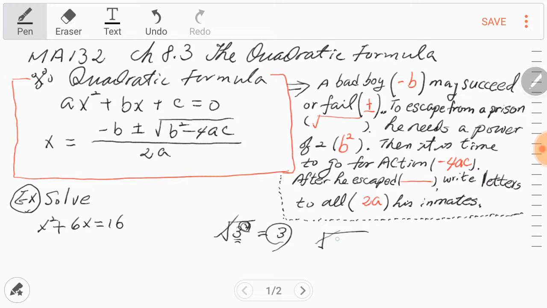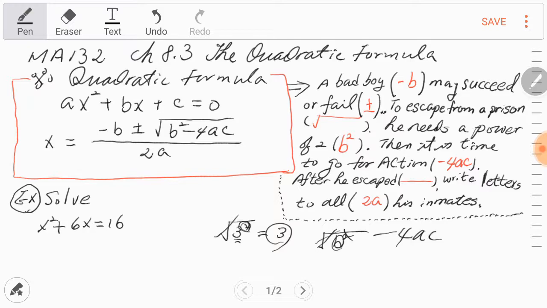Power 2, like b squared, then b can get out from the prison. So b squared. Then it's time to escape from the prison, time to go for action. Let's put go for action, minus 4ac.